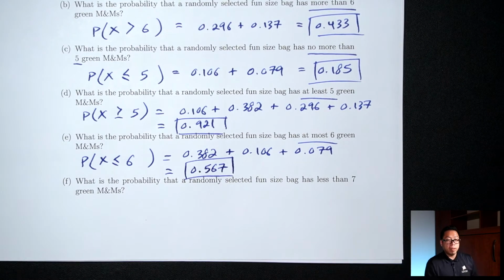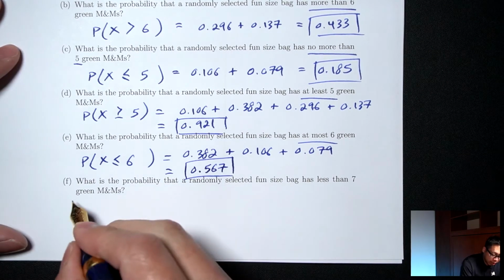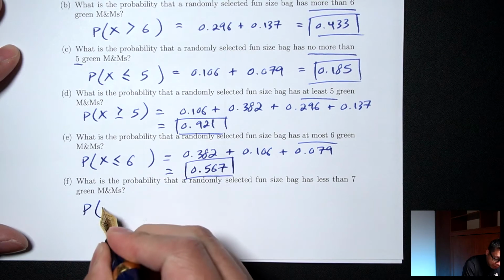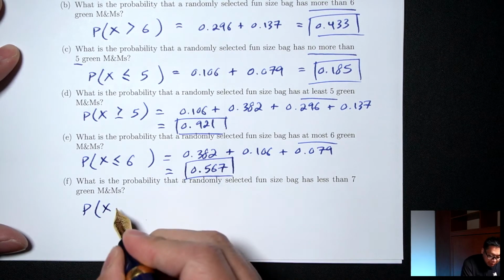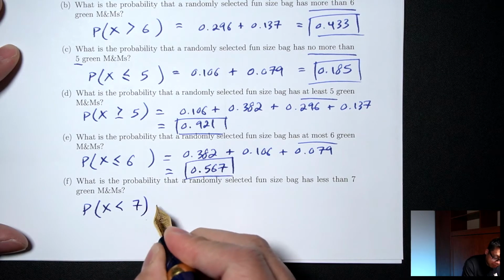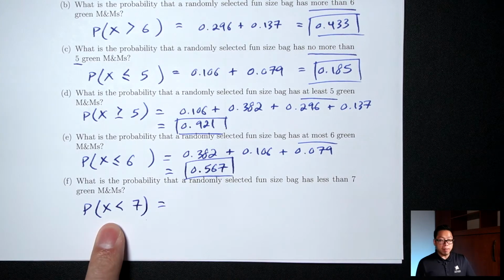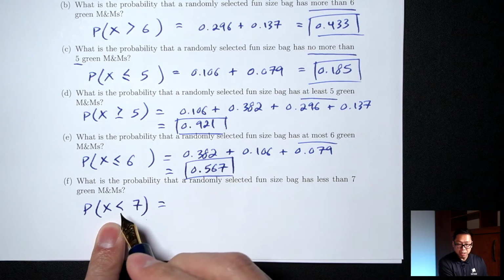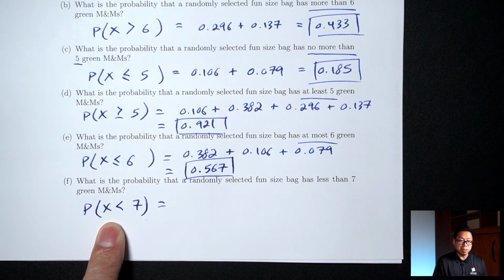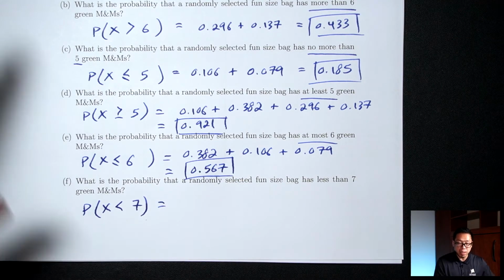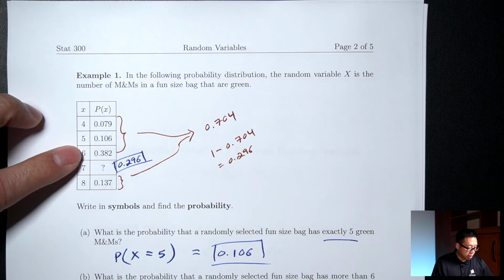Part F. What's the probability that a randomly selected fun size bag has less than 7? Less than 7 is just going to be the less than symbol. Because it doesn't have the equals together with it, you don't include the 7. So if I don't include the 7, this will be just the 6, the 5, and the 4.